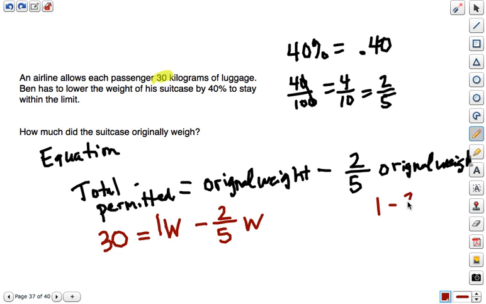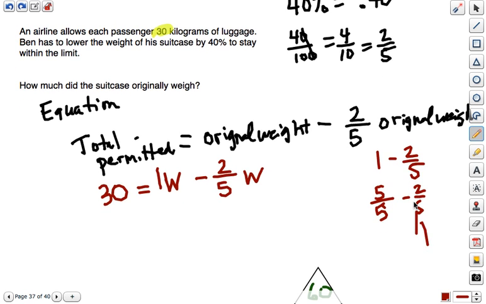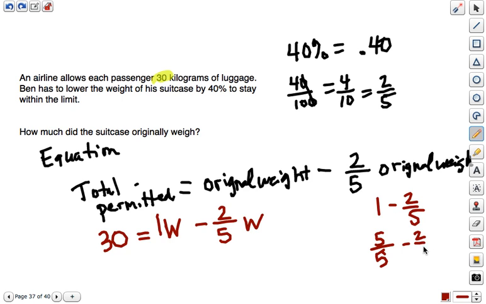So what is 1 minus 2/5? We can find common denominators. So transfer 1 to 5 over 5 minus 2/5. So 5/5 minus 2/5 is going to give us 3/5. So we have 30 equals 3/5 W.